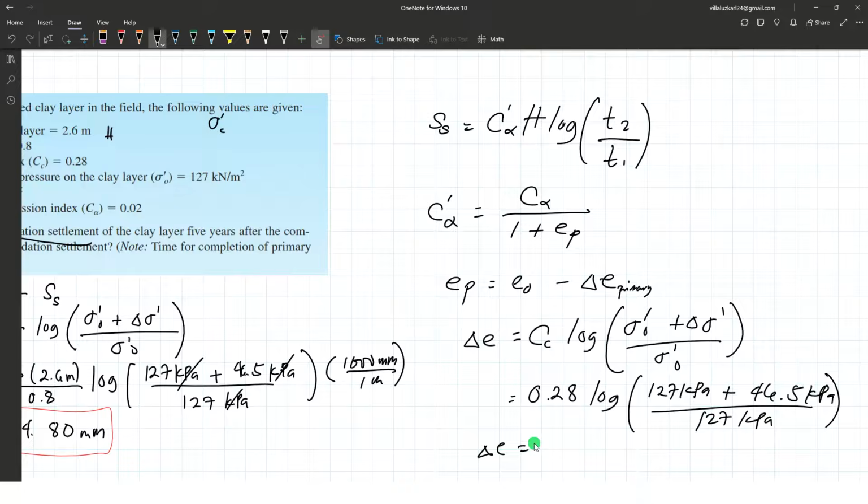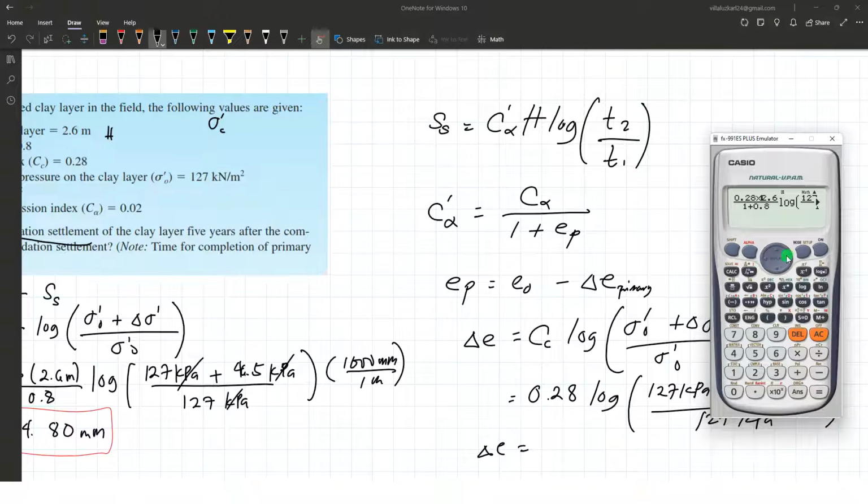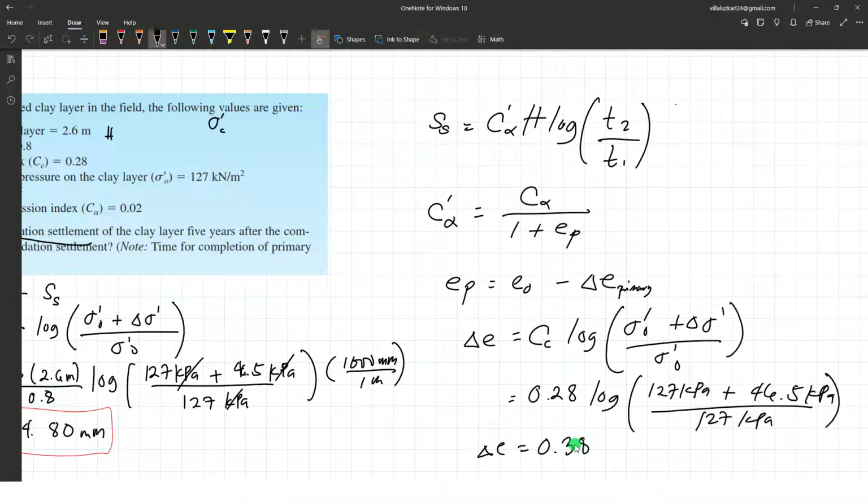Okay, computing delta E, that will be 0.038.